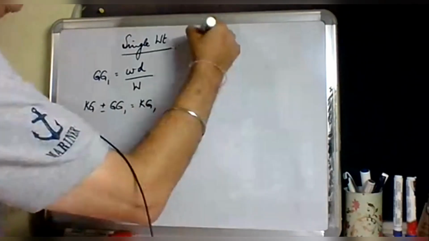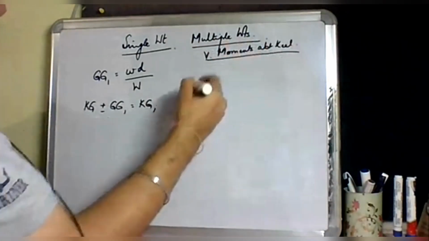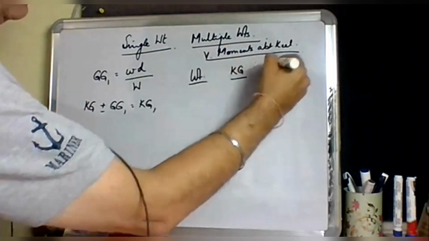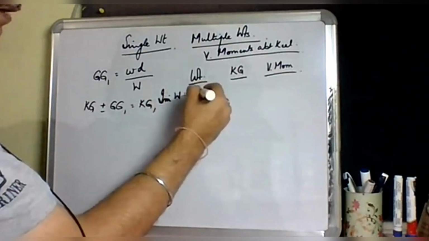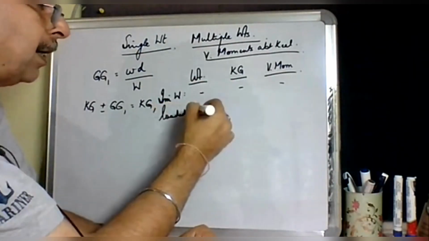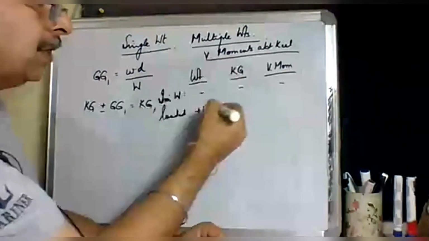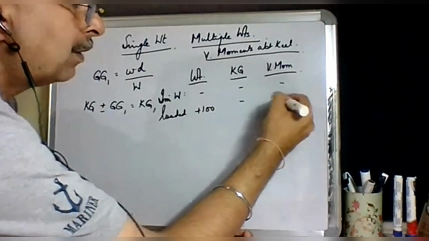But if I have multiple weights, then we find the KG by vertical moments about the keel, meaning weight times KG. The initial displacement will be given to us; that will be the initial condition. Supposing I have loaded 100 tons, then plus 100 times the KG of the weight loaded.